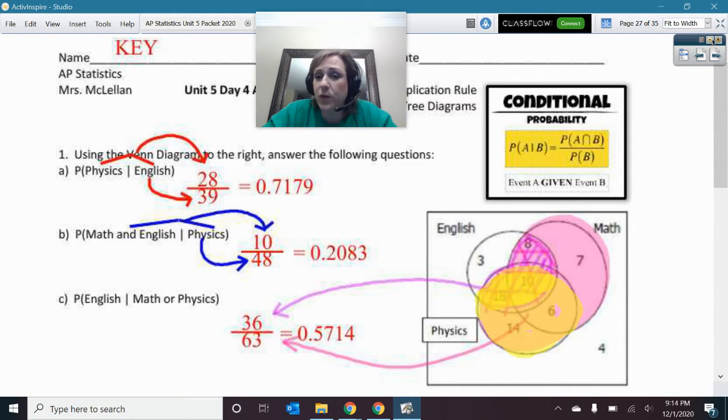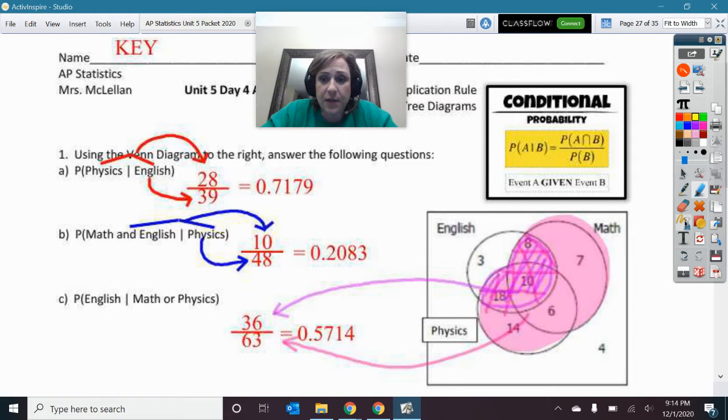Okay, and then the last one here was a little bit more involved. I think that's the one that I indicated here with the coloring. So math or physics is the pink section that I have highlighted. Out of this total math or physics, and hopefully I added that all correctly to be 63, what portion of that is the English as well?